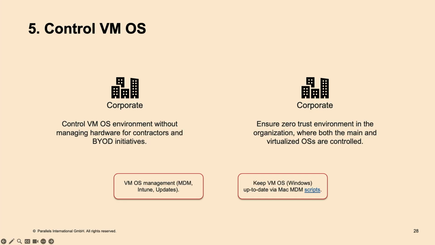This level is also for those of you who have a zero trust policy in the organization, and you need to control both operating systems, the main and the virtualized one. To ensure security of such access and zero trust policy, you can enroll the operating system inside the virtual machine into MDM. Intune in case of Windows, or Jamf or other MDM solution in case of macOS virtual machine.